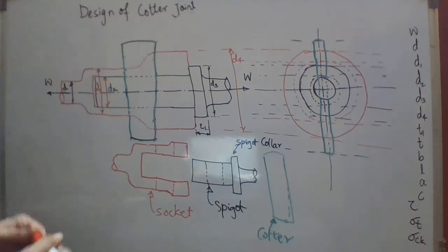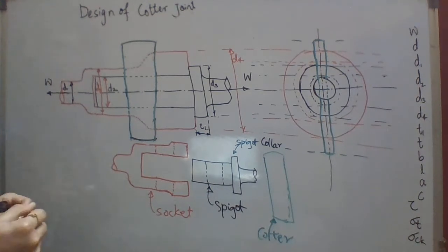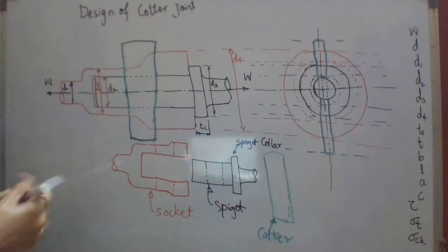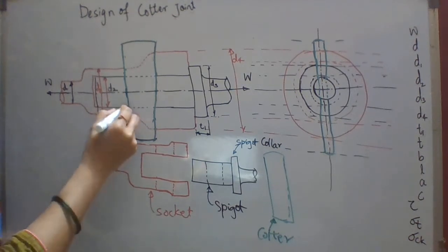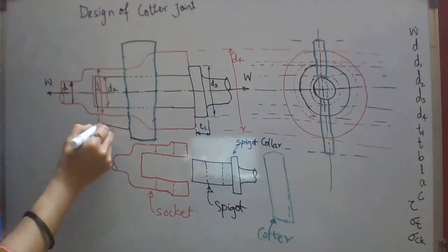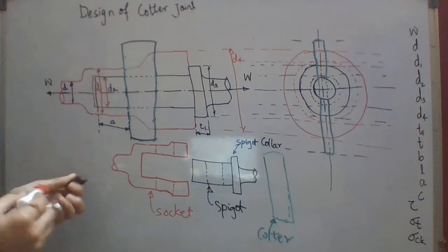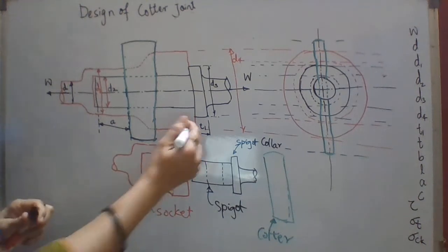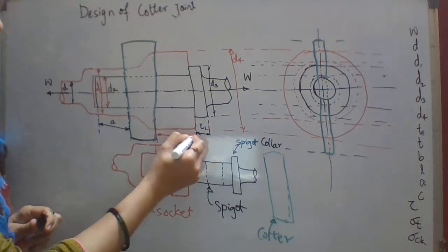Now, what is small letter a and small letter c? Small letter a is this much dimension. Small letter a is with the spigot and small letter c is with the socket. This is c.